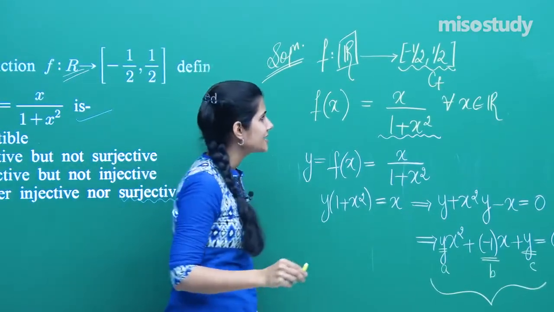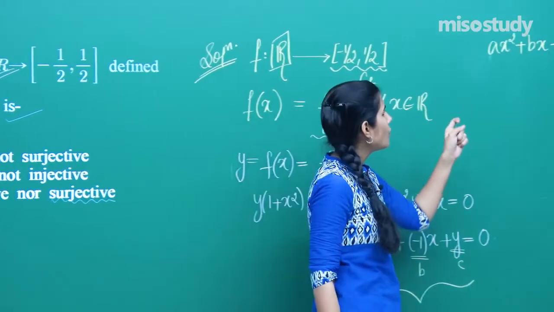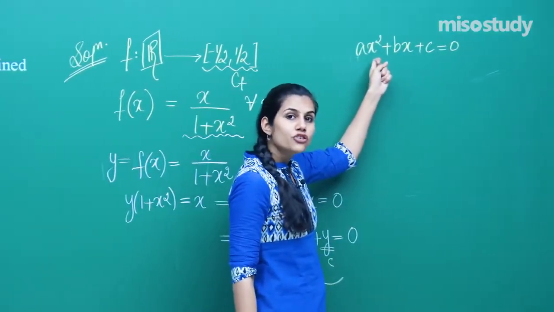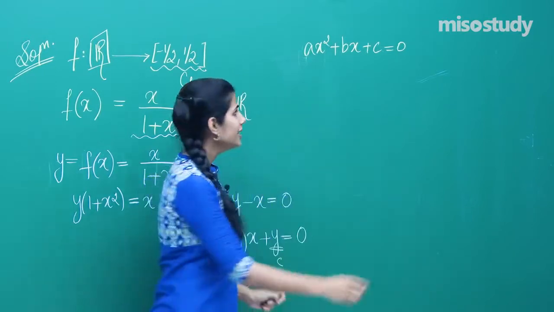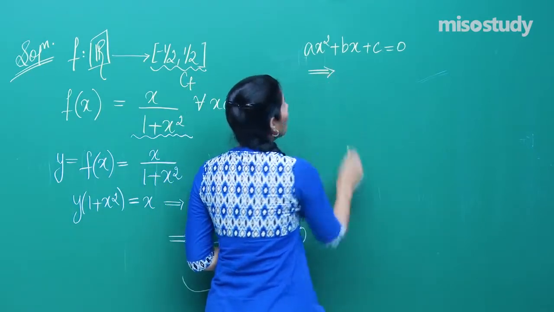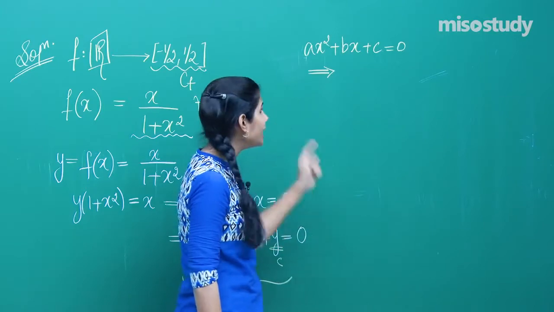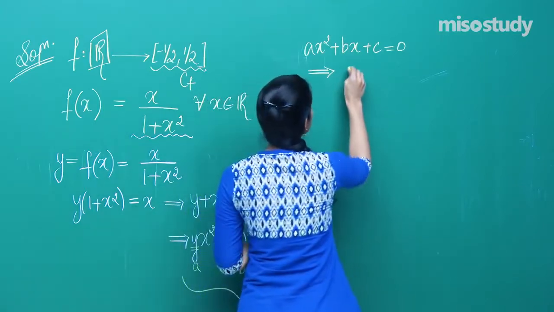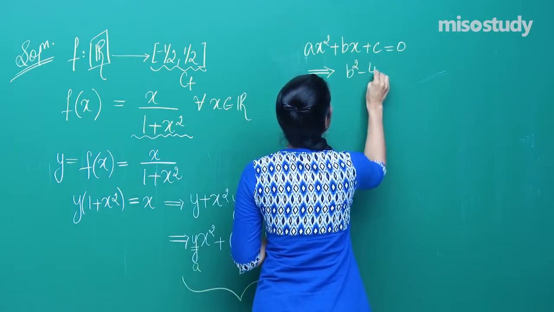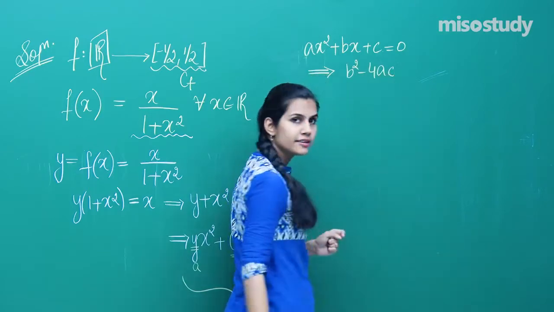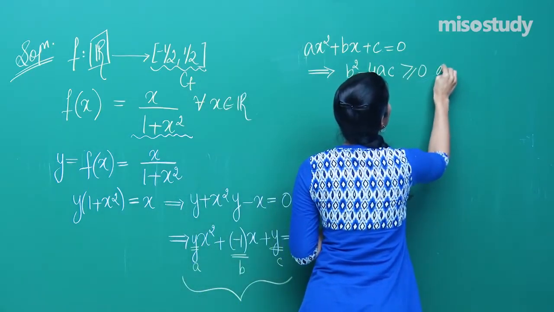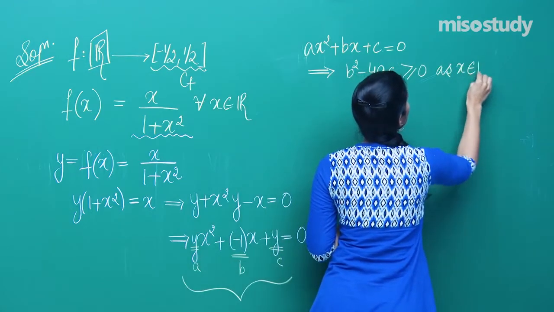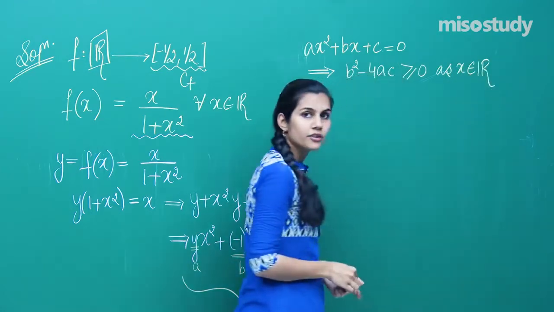Which means that this equation, where x is coming from the real numbers, has real roots, which implies the discriminant, which is b square minus 4ac, is greater than or equal to 0 as x belongs to R.